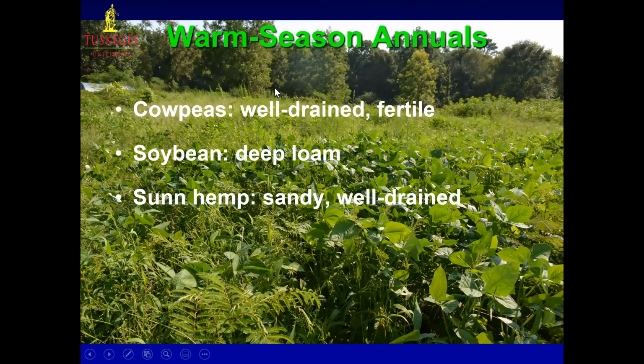So warm season annual legumes are cowpeas. There are more. I'm not presenting everything here, but what I have chosen can be grown in most of Alabama, is not very difficult to grow, and is something we have some experience with. Regarding cowpeas, we have worked with them and we are very satisfied.